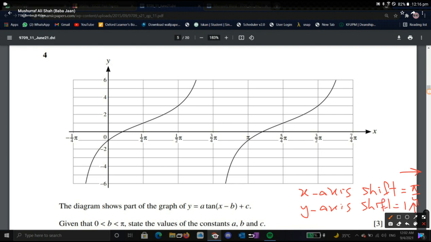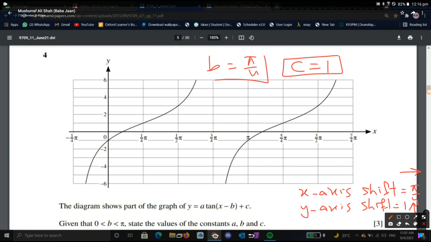You can see on the diagram: 1 box upward and then pi by 4 here. This confirms that the value of C is 1. I can guess from here because the outside value is for the y-axis, and in the bracket b is called. So here the definition: this is called translation along the y-axis, and this is called translation along the x-axis. So the C value is understood, alhamdulillah, it is 1, and the B value is pi by 4.